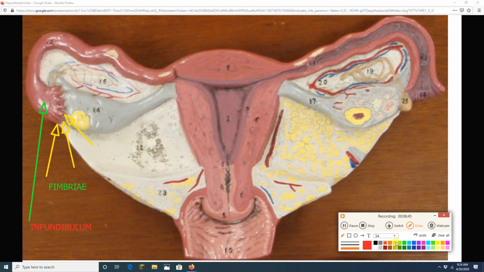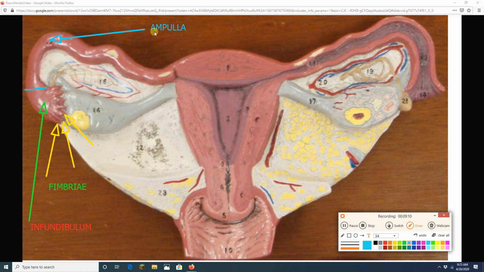Then the next part of this fallopian tube, so basically starting right here, is this portion called the ampulla of the fallopian tube. That is where fertilization is likely to happen.